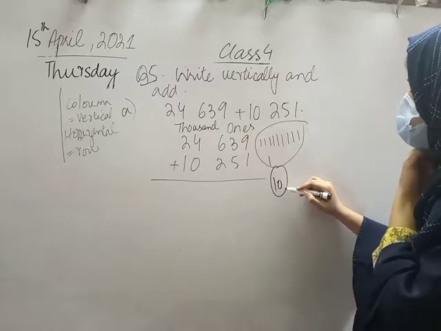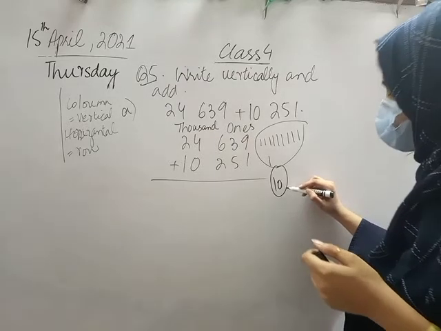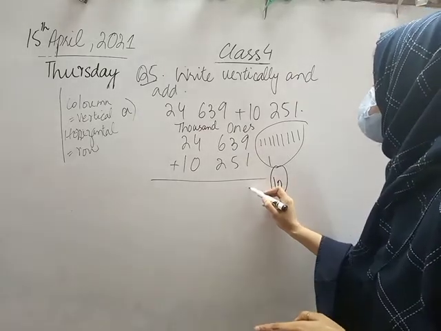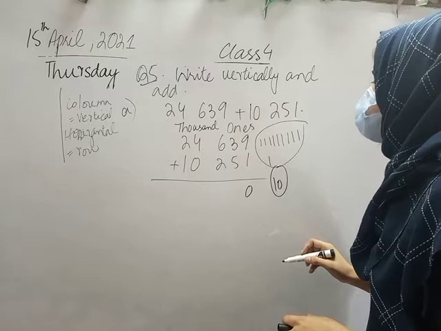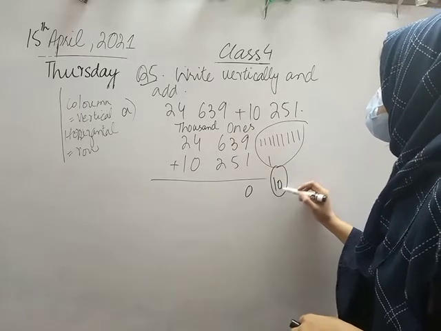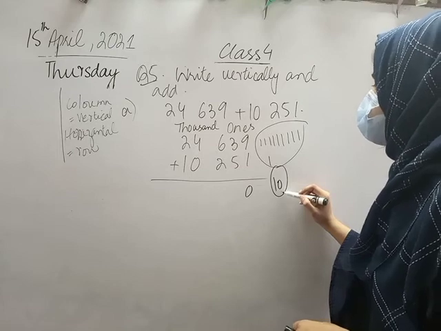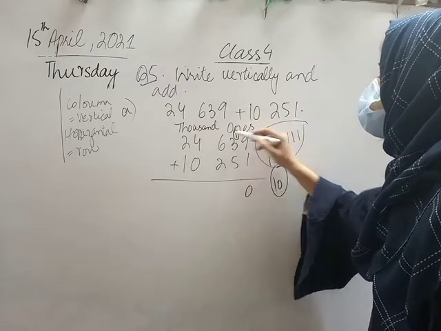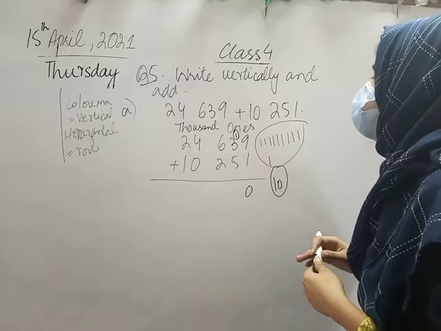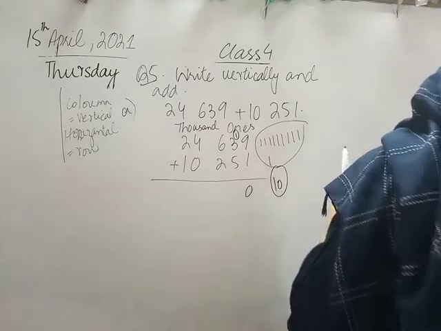It is the rule of addition that when we have a 2-digit number we write only the number at the unit place. Now in this number the unit place is 0 and 1 is a carry. We will write 1 as a carry.